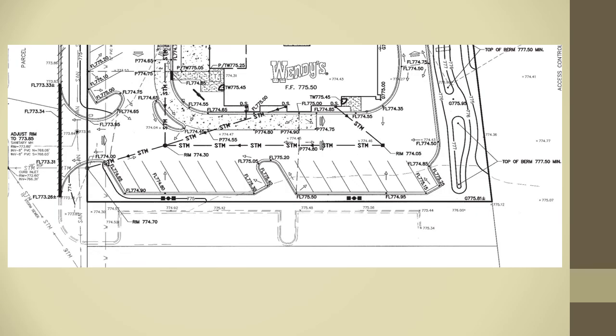Here is the bottom half of that same detail, and you can see that the storm lines all converge and flow out to an existing storm sewer. You can see again, dashed line, light printing indicates an existing sanitary line. Here is an existing storm, and the new storm will connect to it.